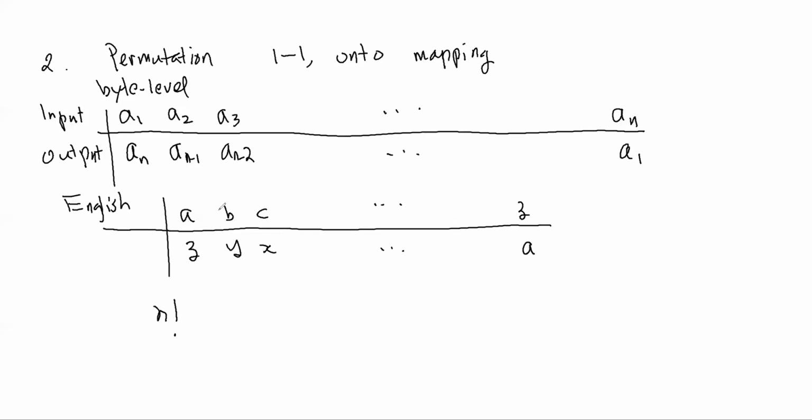The attackers could compute this table itself by just looking at the ciphertext, computing letter frequencies for the ciphertext, and also getting the letter frequencies of the underlying language.